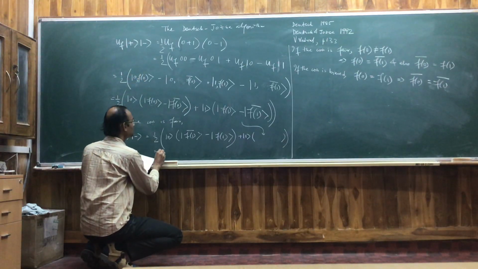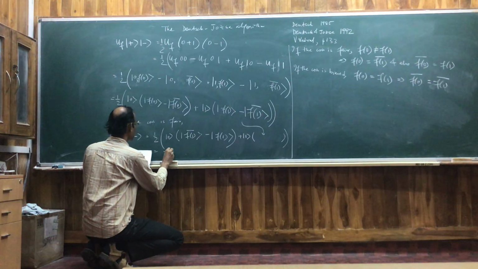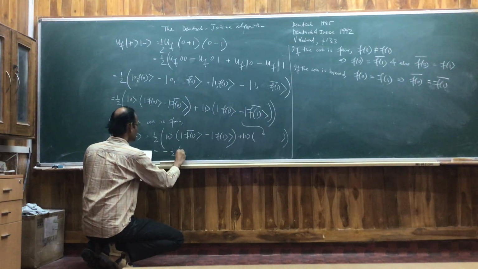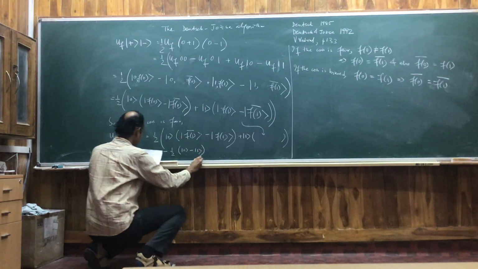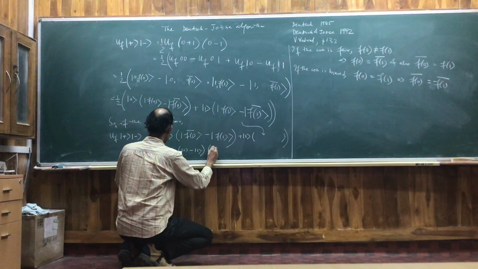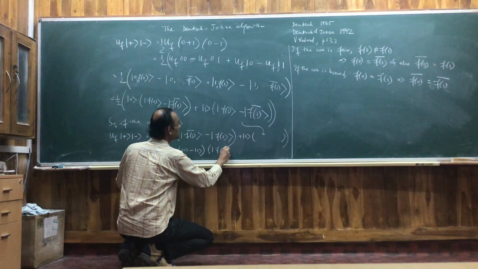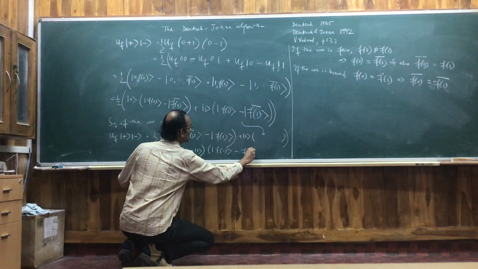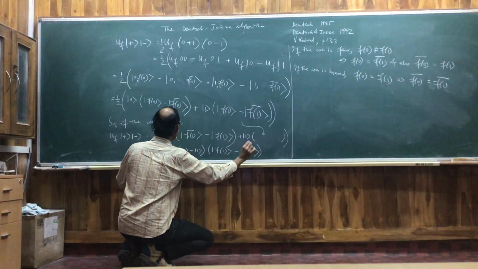So you have a minus half, 0 minus 1, and F1 minus F1 bar. Yes?